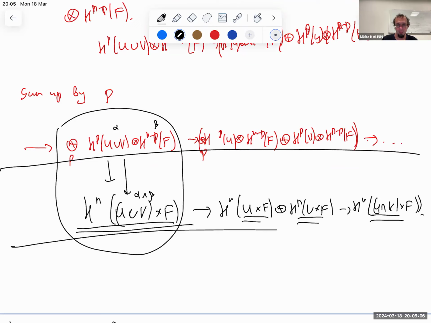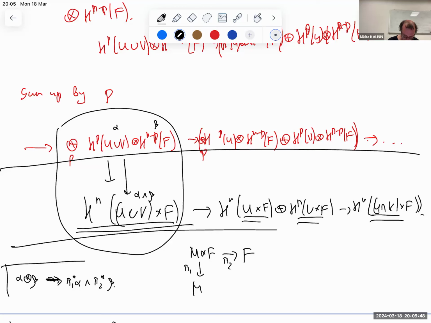Formally, I think you can say that you have your manifold M cross F, and you have a map to M, you have a map to F, and so you send this alpha, beta, you send it to pi1 upper star alpha wedge pi2 upper star beta.